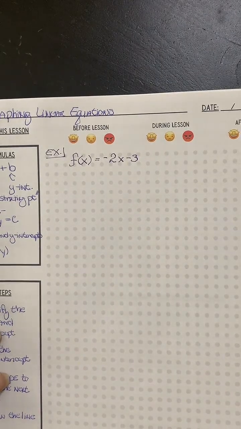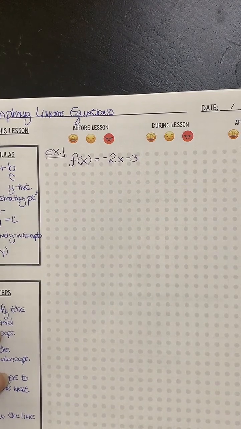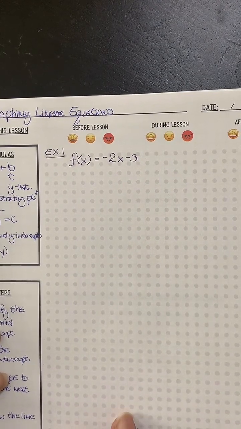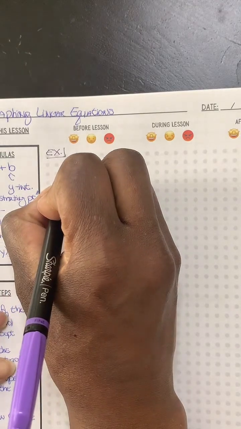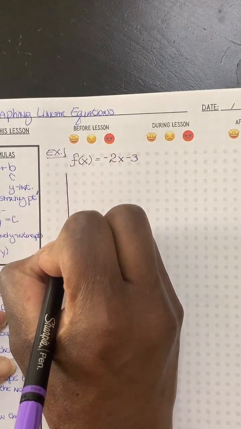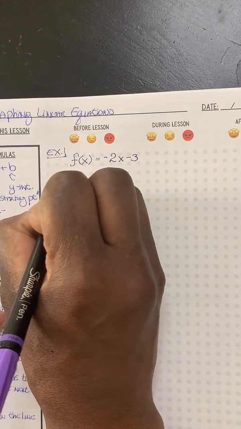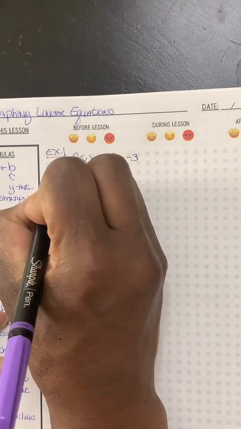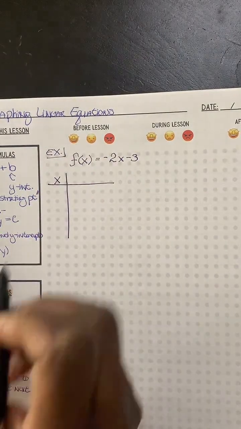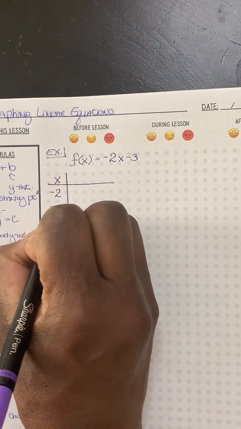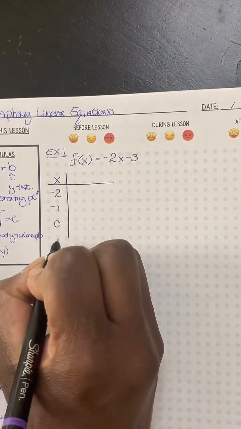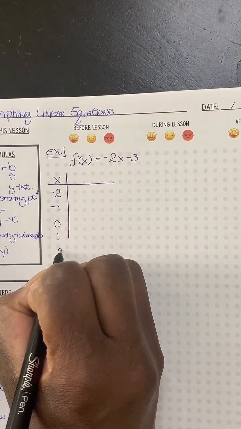A lot of people will say, all right, I might need some points, so right away people will go into a table and say, I can use the traditional values of negative 2, negative 1, 0, 1, and 2.